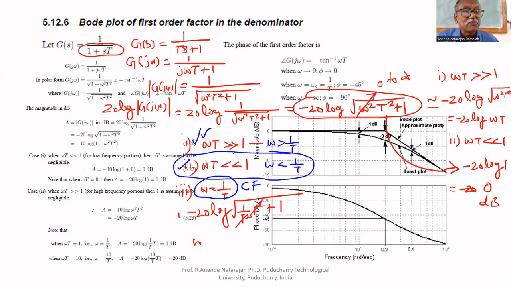Omega tau is negligible because it is a fractional value. Less than 1 by tau means it is a fractional value. Let us substitute omega less than 1 by tau, let us put 0.1 by tau. If you put omega equals 0.1 by tau, tau getting cancelled, 1 plus 0.1. 1 and 1.1 are almost equal. Therefore, this can be ignored when omega is less than 1 by tau.